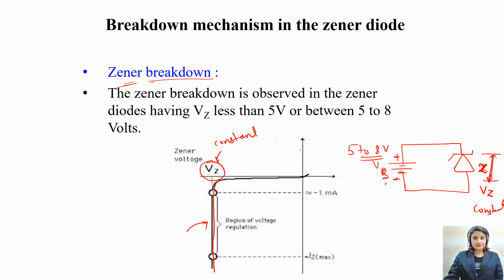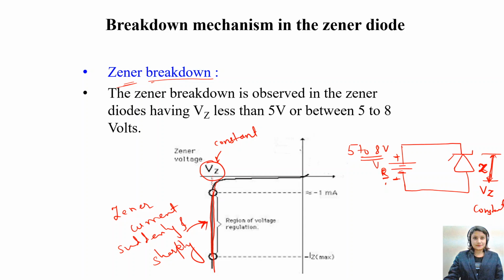If you see in the Zener breakdown, it is that breakdown in which, see, the change in current, the change in Zener current, what you can observe here is the Zener current has started to flow suddenly and sharply.